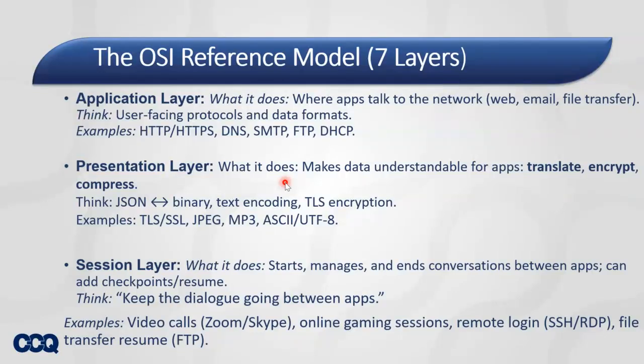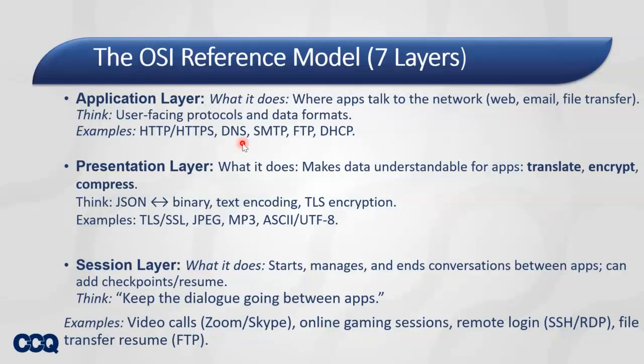As examples of the application layer, we have protocols like HTTP and HTTPS. When you browse the web, you use HTTP or secure HTTPS, and you browse using a name, for example www.google.com.